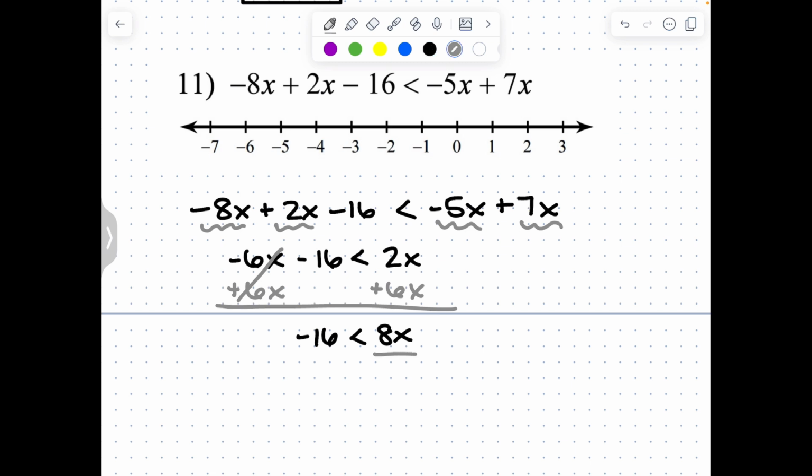But this way we have a positive number with our x, so when I divide, it's a positive, and I don't even have to worry about that crazy rule. We just get that negative 2 is less than x. There's our solution, and we'll go ahead and plot it on the graph. Now that is strictly less than, so open circle, and the negative 2 is less than all the x's, so that means the x's are on the right side.